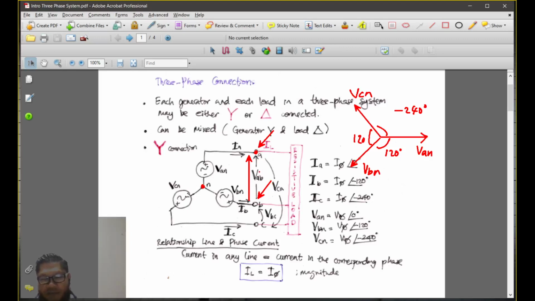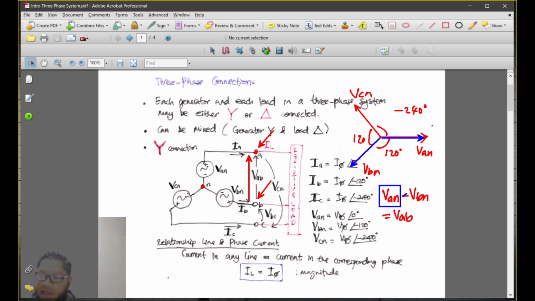So VAB. How to get that? We use the vector VAN minus VBN, and therefore we get VAB. If you want to draw it on the phasor diagram, you draw VAN first, and then minus VBN, which means you take the negative, or the opposite direction, of VBN.